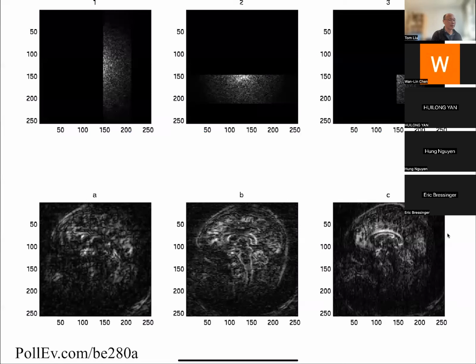Okay, it looks like there's some consensus on this, but let's take a closer look. Once again, we can play the game here and say, on the top, we have these different Fourier transforms. Which one of these, 1, 2, or 3, has the least amount of information, would you say? Just put in your chat what you think it is.